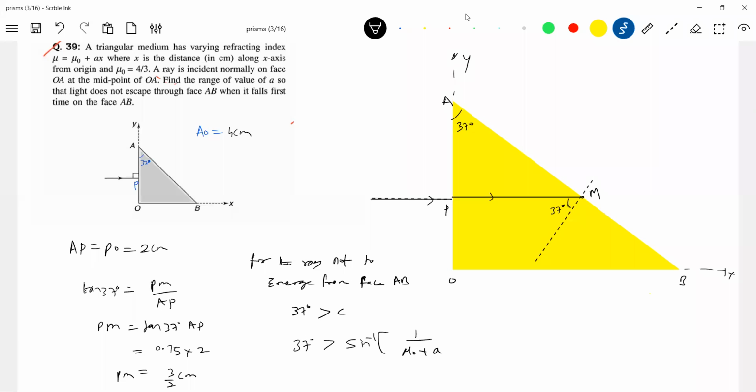Mu naught plus A into X. This is the origin, no? So mu naught value we know, therefore I'll substitute the value of X. Sine 37. Mu naught is how much? 4/3. A. So this X, shall I write it equal to PM? Okay, solve this now. So we'll get the value of A.